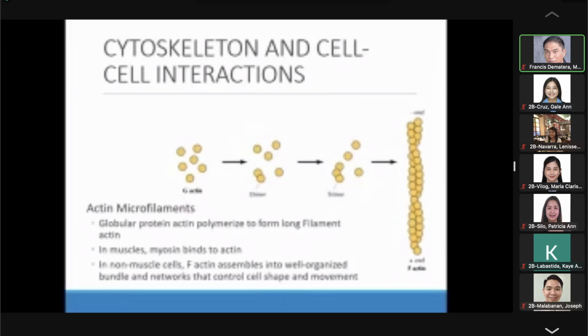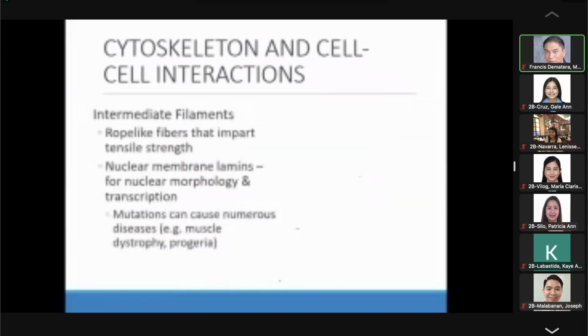In muscle, myosins bind to actin and they are seen as banding patterns under light microscopy in cardiac cells and skeletal muscles. In non-muscle cells, the F-actin assembles into well-organized bundles and networks that control cell shape and movement. So intermediate filaments, here we have rope-like fibers that impart tensile strength.